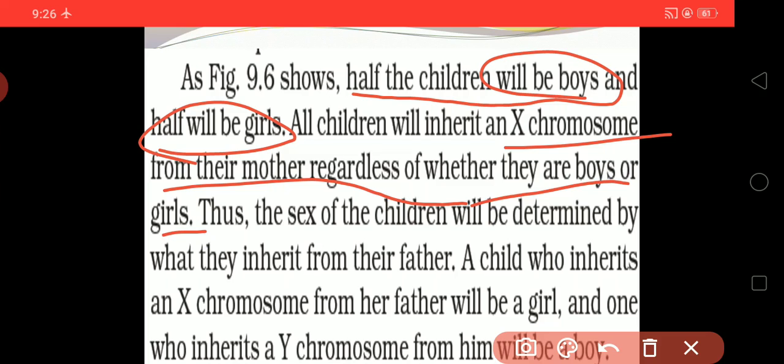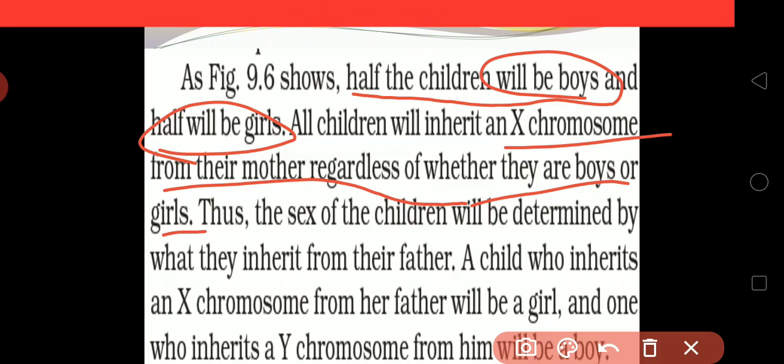Which we have already discussed, that from the mother a child will get the X chromosome only. It is compulsory that a child will get the X chromosome from his or her mother, but it depends on the father whether the child is getting an X chromosome or a Y chromosome.